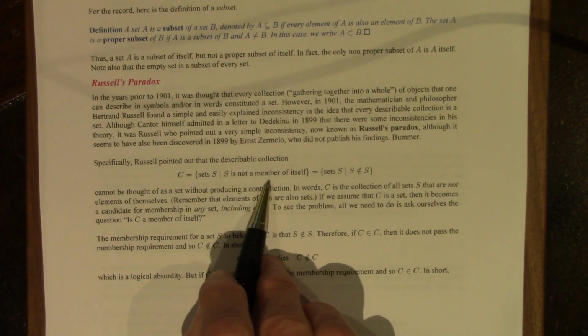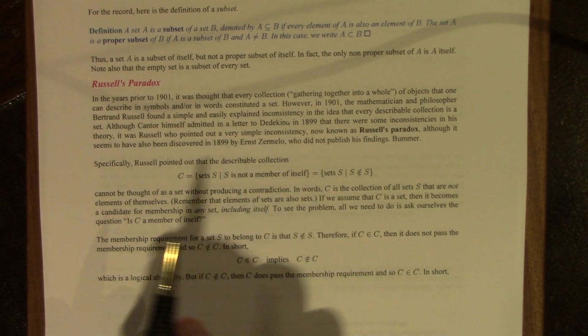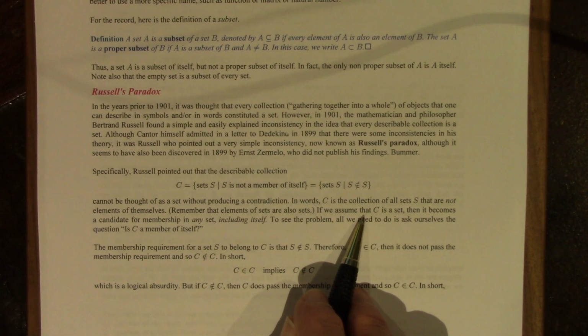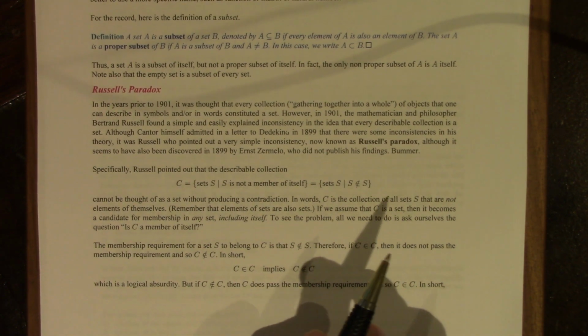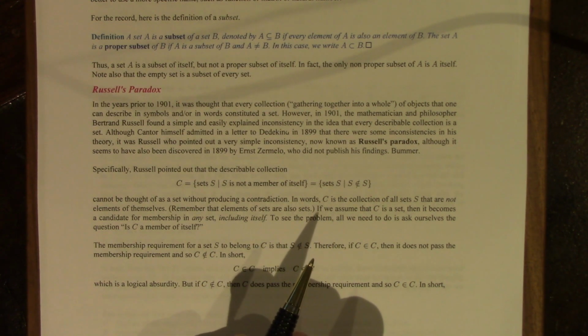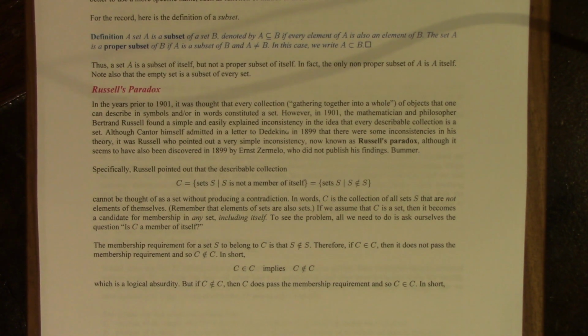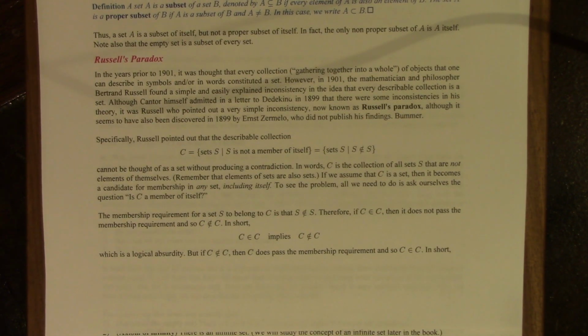So this collection, then, is, again, the collection of all sets that are not elements of themselves. Now, if we assume that C is a set, it then becomes a candidate for membership in any other set, including itself. So now all we need to do is ask ourselves the question, is the set C a member of itself?